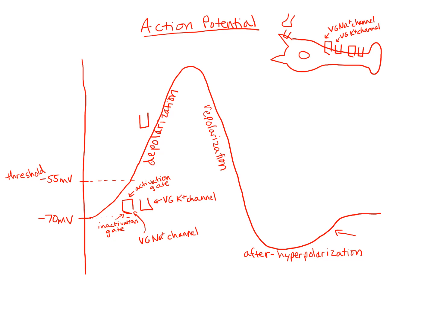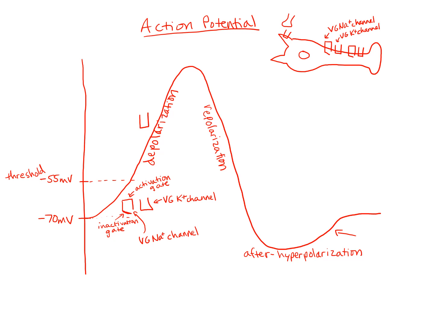It's called the activation gate. And the gate on the bottom is open, and that's called the inactivation gate. So because the gate on the top is closed, sodium can't move in through the voltage-gated sodium channels. So nothing is going on at the resting membrane potential with that voltage-gated sodium channel.